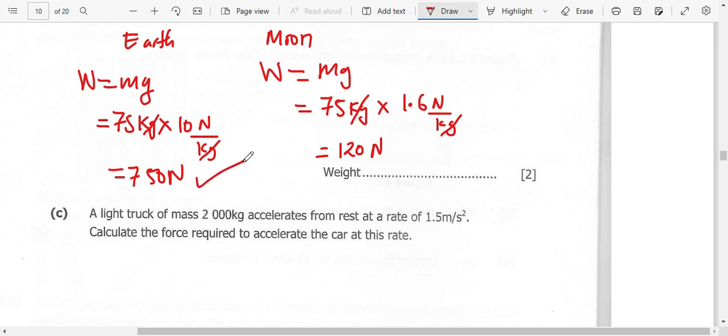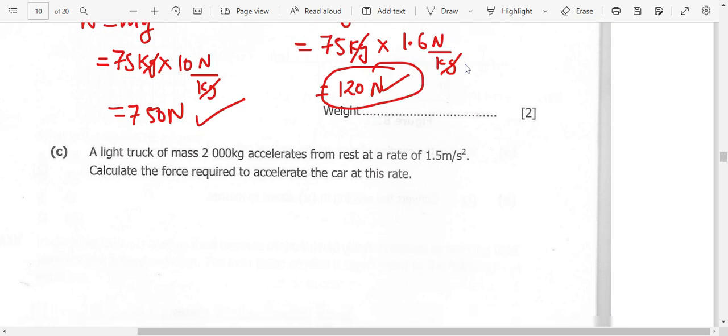So you see, on Earth a person is much heavier than on the moon. This is the answer we want on the moon. The reason a person is much heavier on Earth is because gravity is higher. Is this okay?